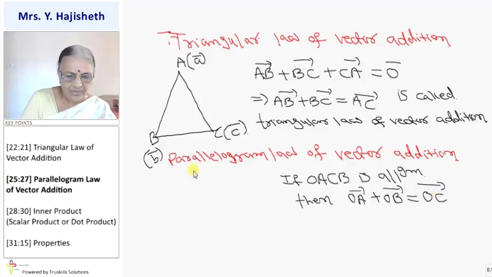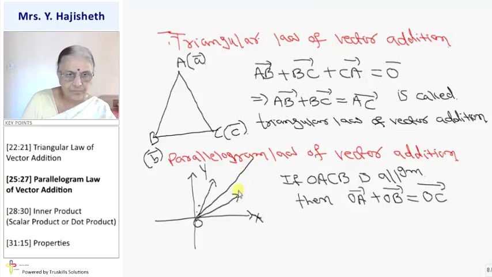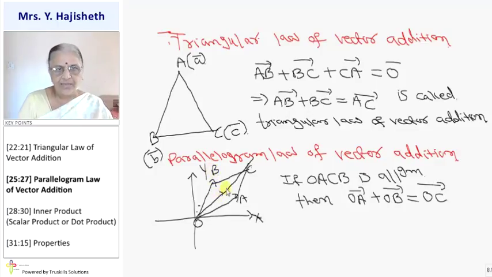Let me draw the figure. Suppose this is my parallelogram. The figure doesn't come out exactly right. This is my O, OB, OA. OACB. OA plus OB is OC.